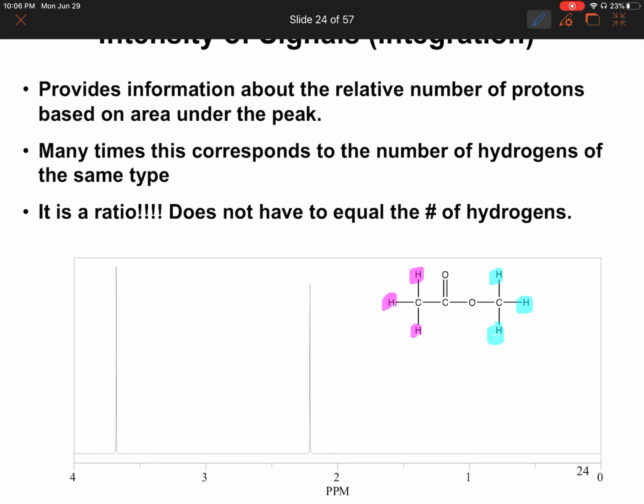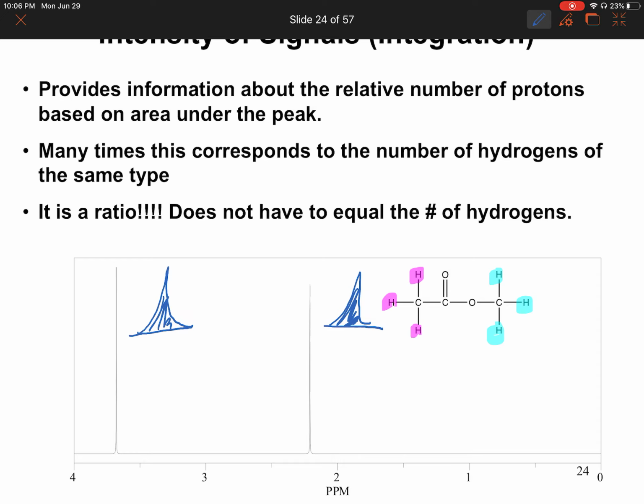So we see the two signals here, but if we were to zoom in on these peaks, there's actually some area under this peak. What integration is doing is measuring the area under the peak.